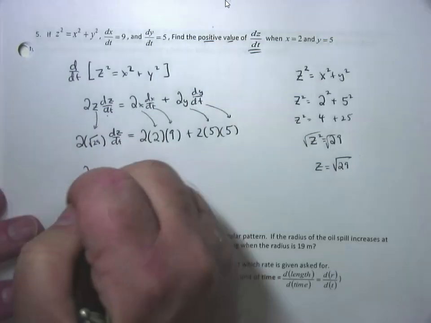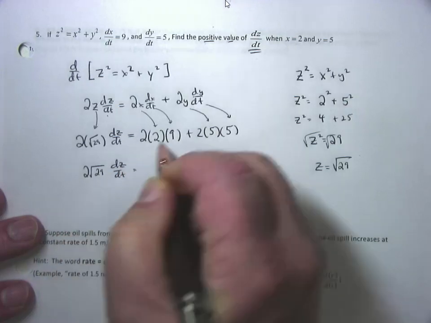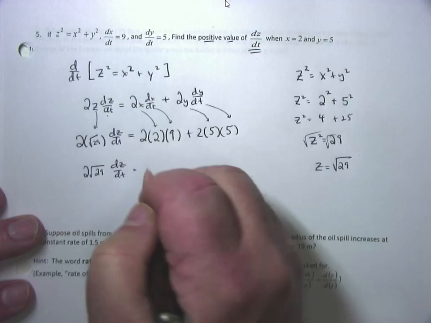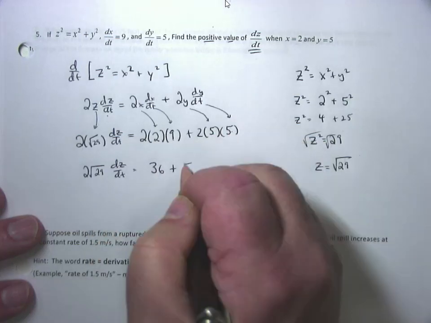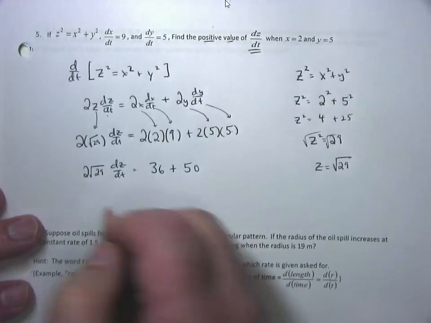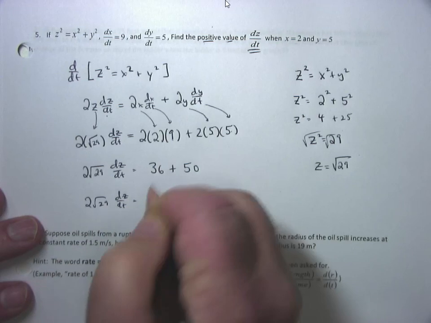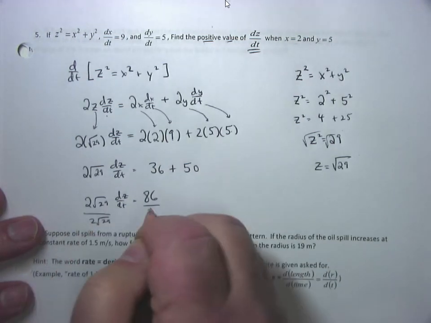This will be 2 square roots of 29 dz/dt is equal to, let's see here, 2 times 2 is 4 times 9 is 36, plus 5 times 5 is 25 times 2 is 50. So I end up getting 2 square roots of 29 dz/dt is equal to 86. I'll divide both sides by 2 square roots of 29.